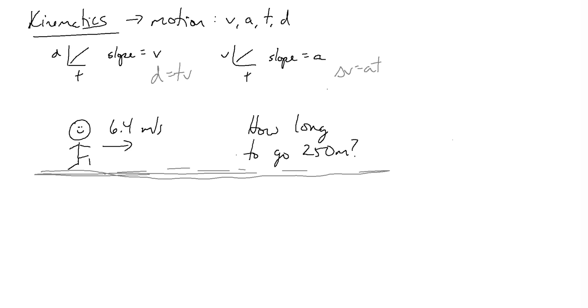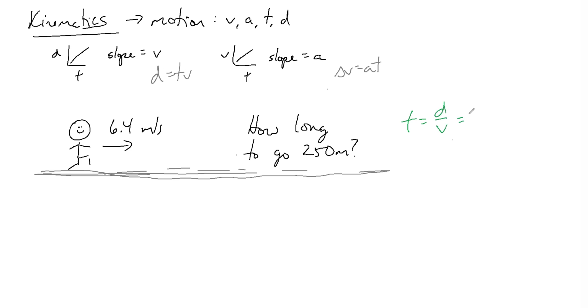So this is basically, we're looking for time, and we have time in both expressions, but of course this one's got the d and the v that were given, so that's what we would use. So good old-fashioned d = vt, so time would just be the distance over the v.